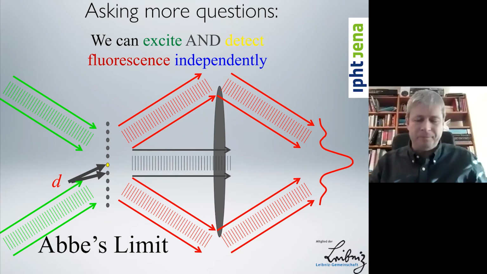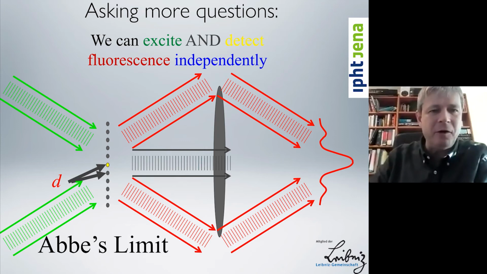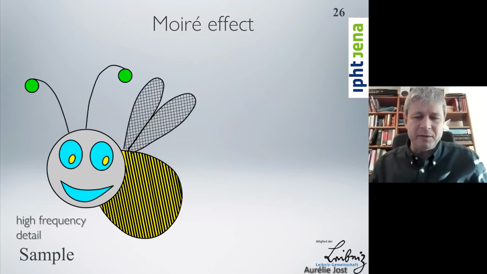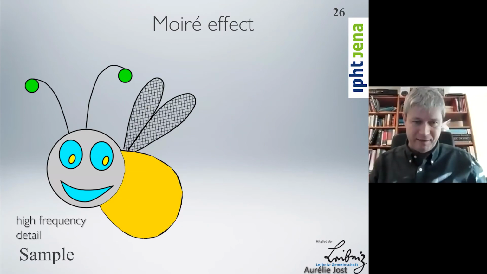Right, so, well, what does that mean? Here's a little example of how SIM works, and that's all I'm going to show about SIM because I'm sure other people will cover it in much more detail. So if you have a sample that has a high frequency that you can normally not image, in your microscope it would look like this.